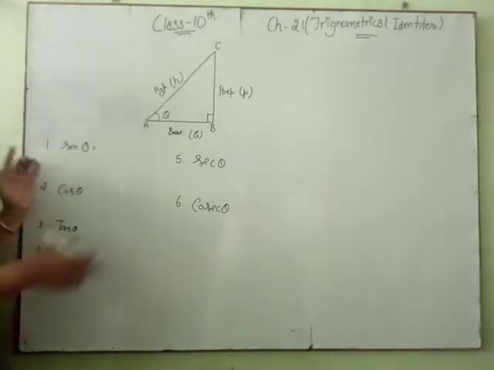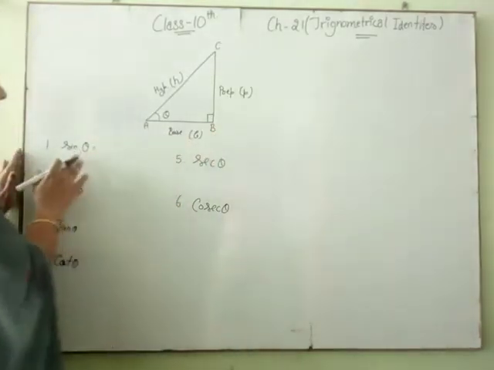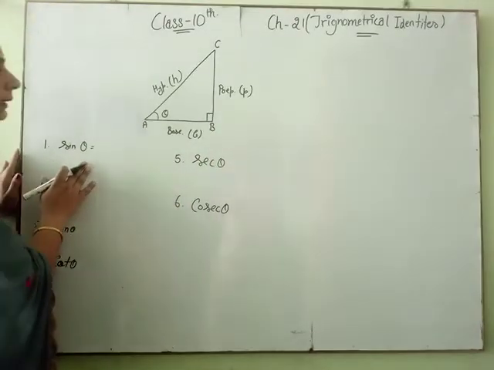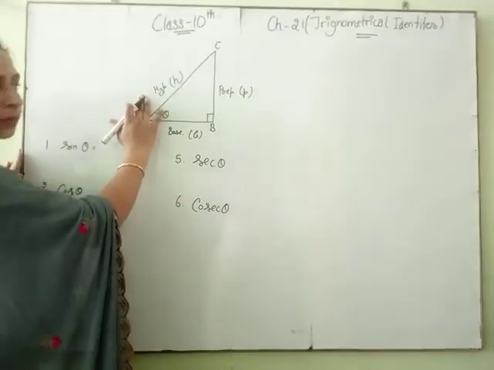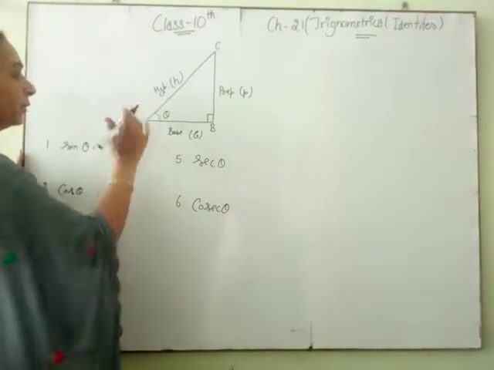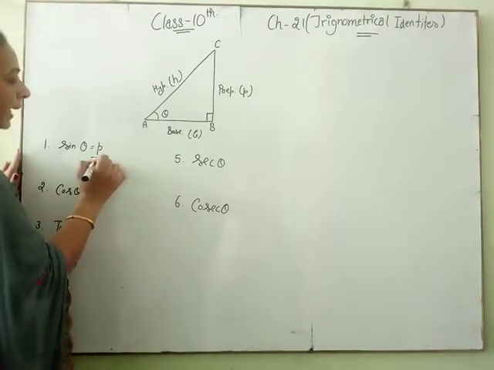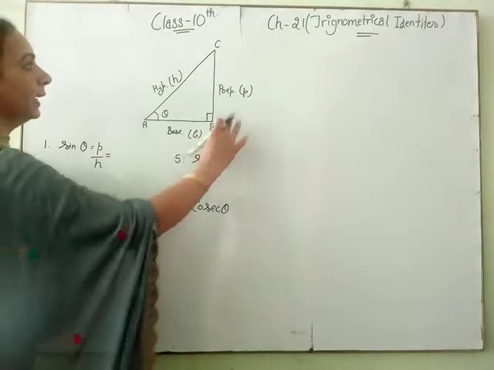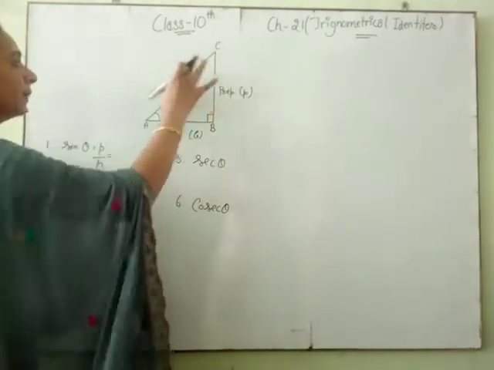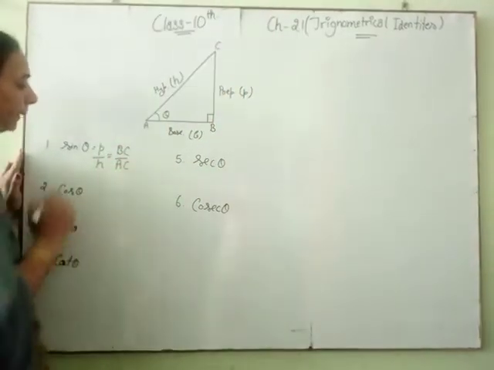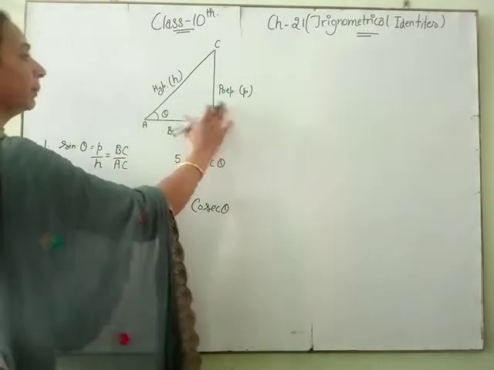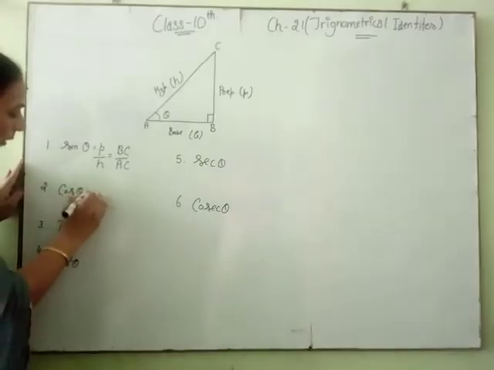What is sine theta? According to this right angle triangle, sine theta is perpendicular by hypotenuse, P by H, and we write this BC by AC. And what is cos theta?